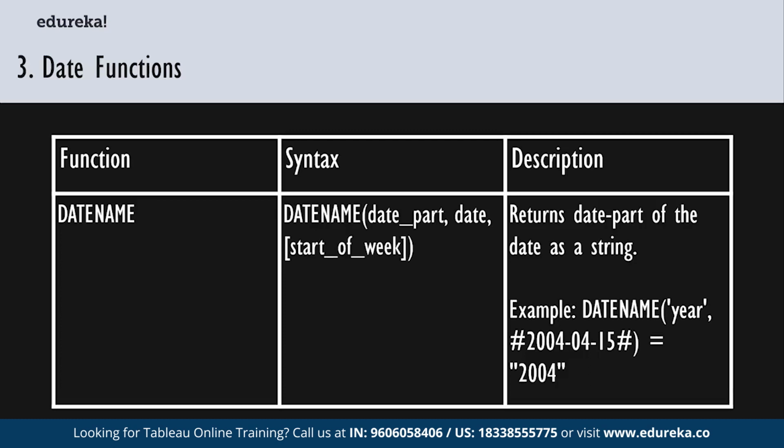Next, we have date name, which returns the date part of the date as a string. And the start of the week parameter, again, like the previous function, you can use to specify which day is considered the first day of the week. It could be Sunday or Monday or Tuesday, depending on what you like.